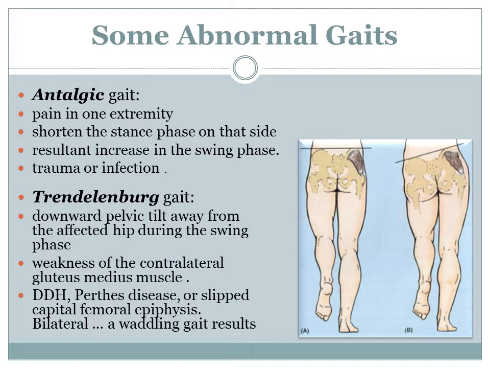All of us have experienced that at one time in our lives. So there will be an attempt to shorten the stance phase on the affected side. Whatever the cause of pain, there will be an attempt to shorten the stance phase, with a resultant increase in the swing phase on that side.